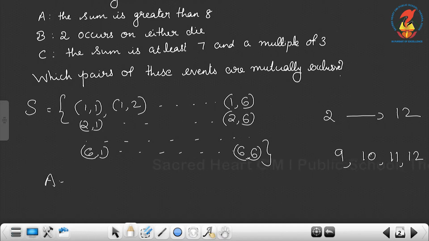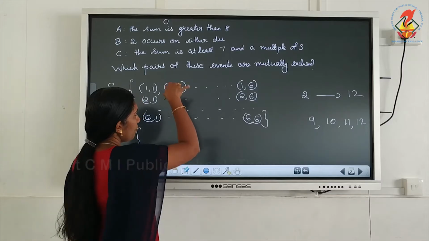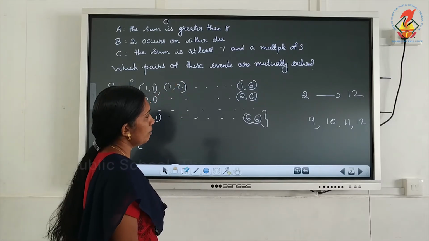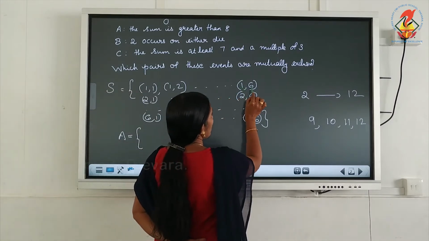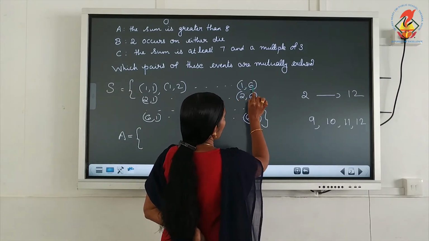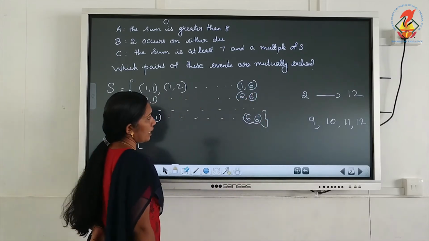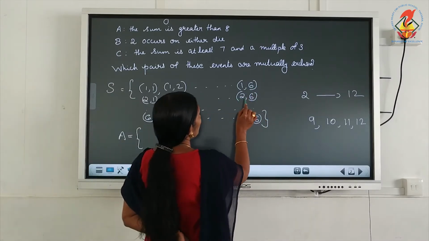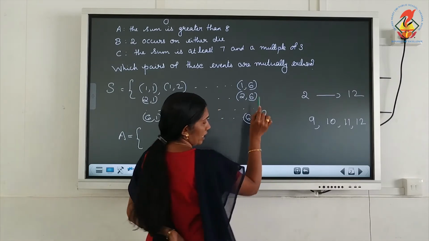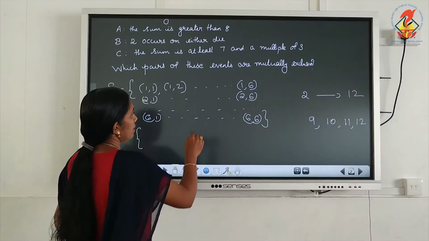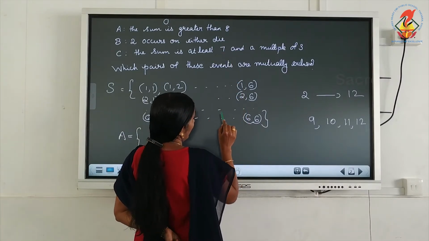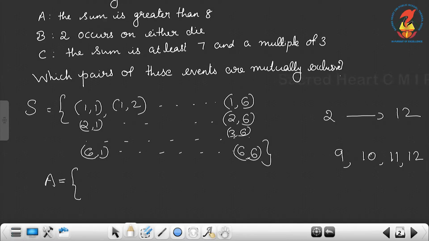So in which all pairs do we get the sum 9 or more? A is a set, an event, a subset of this sample space. In the first row the last outcome has sum 7, so we can't take the first row. In the second row, 2 plus 6 is 8, so these two rows we can't take. The next row, 3 plus something greater than 8: here we have (3,6), that sum is 9. So we can write (3,6).